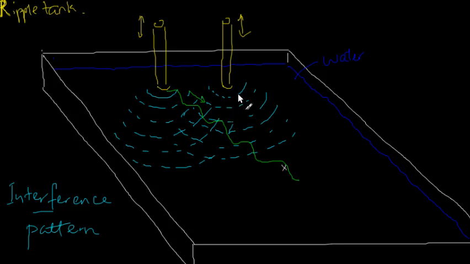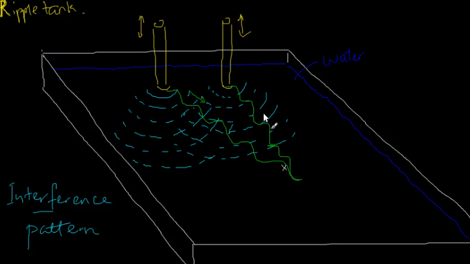Likewise, I would expect if I follow a line from the other rod to this point, I would see a similar wave, but coming from that rod. Okay, so let me try and draw that. 1, 2, 3, 4, 5.